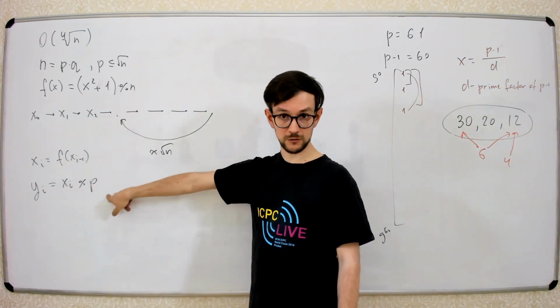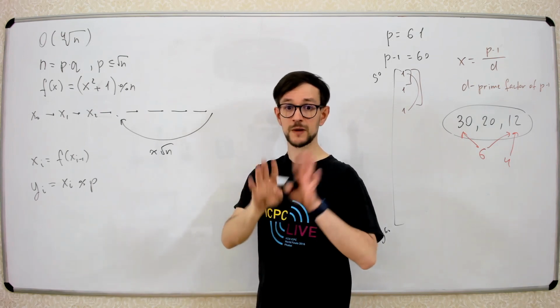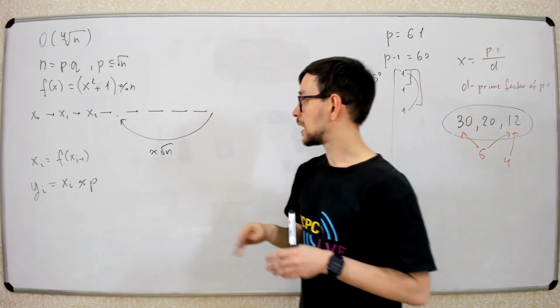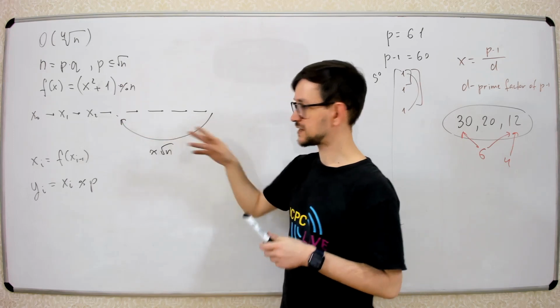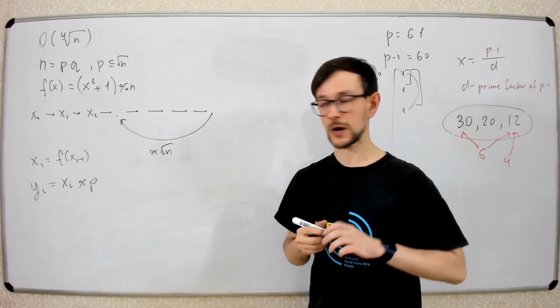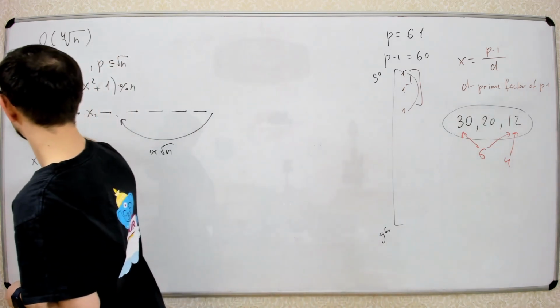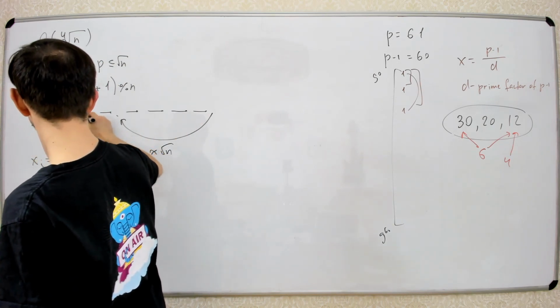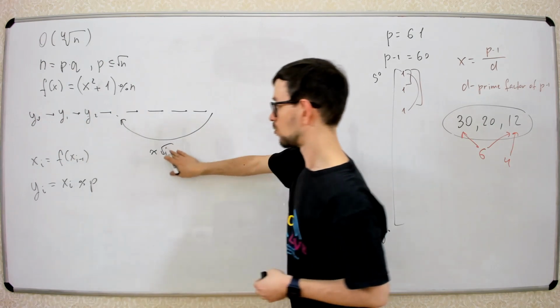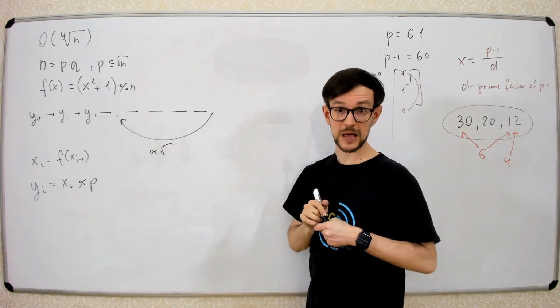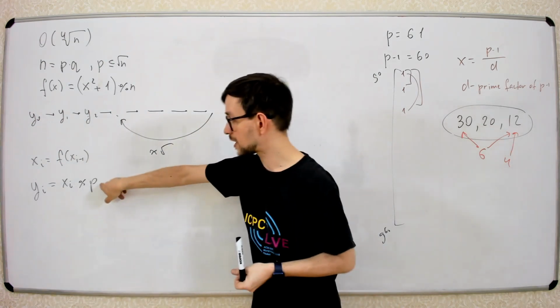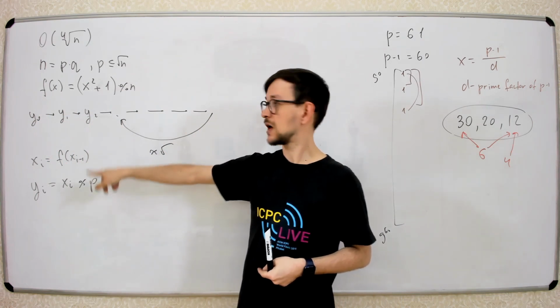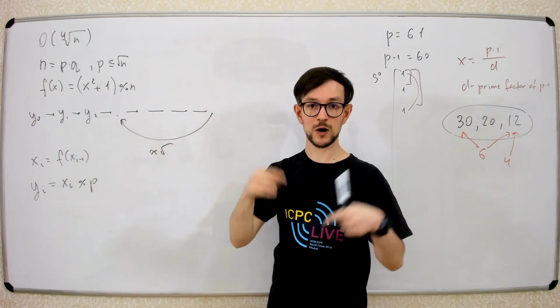We don't know the value of p, but let's just imagine we know it. What will happen if we look at the same situation for the numbers y? So we have numbers y0, y1, y2, and so on. What will be the length of this period? Since we take all the numbers modulo p, the length of this period will be square root of p.